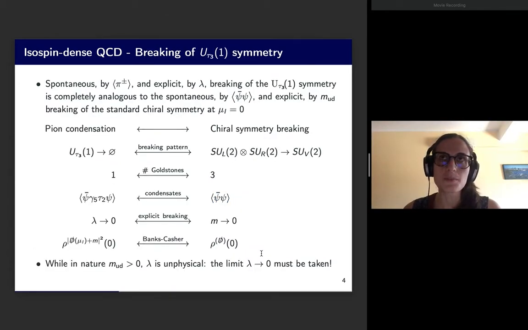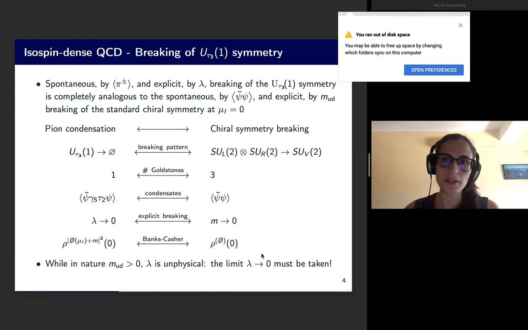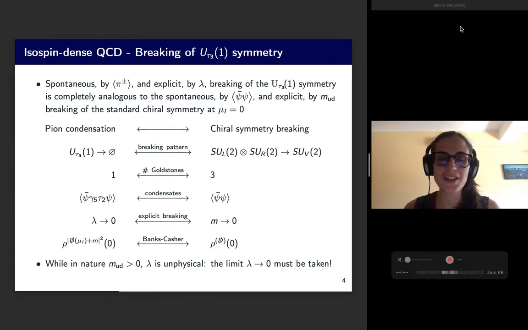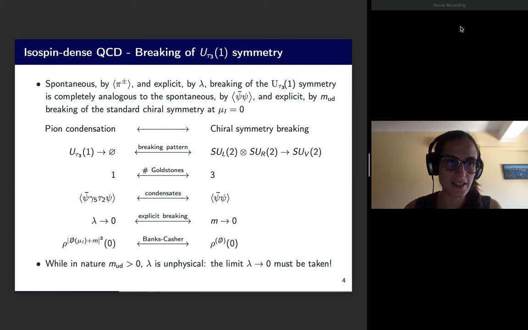All right, I think at this point we can think of what we just said about a setup with non-zero isospin density and compare it to another setup that we have touched already when we were discussing non-zero temperature and zero density.